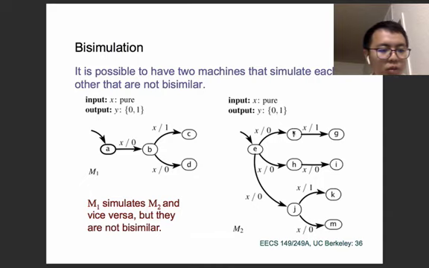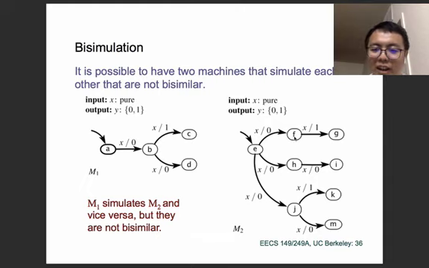Because if you go to F, then we reverse, and here M1 is at B, and here we reverse the order. We let M1 move first, so it will have two choices. It will go to 1 or go to 0.